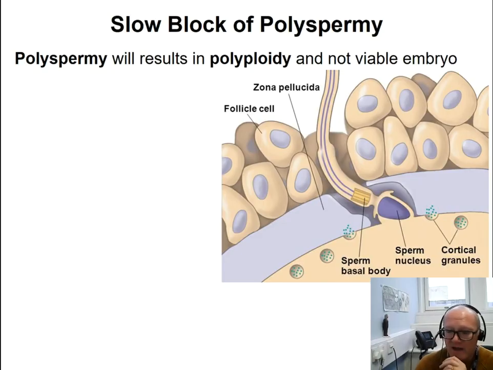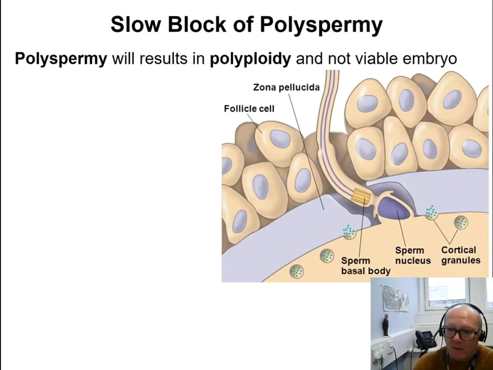Immediately after fertilization, so immediately after the membranes of sperm and egg are fused, and the paternal nucleus is entering the egg, we have what is called another block of polyspermy. So how does this other block of polyspermy work? This is called the slow block of polyspermy.